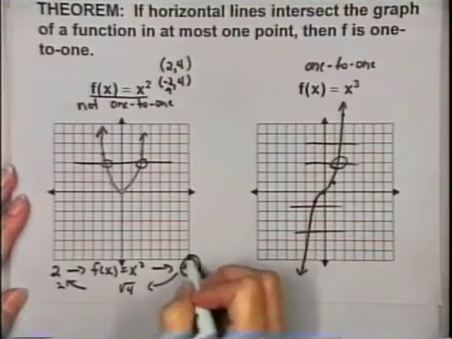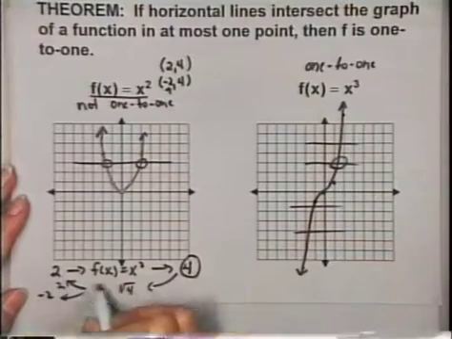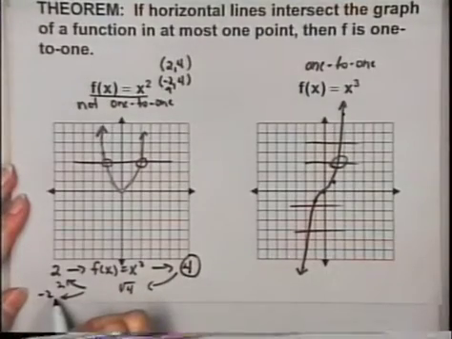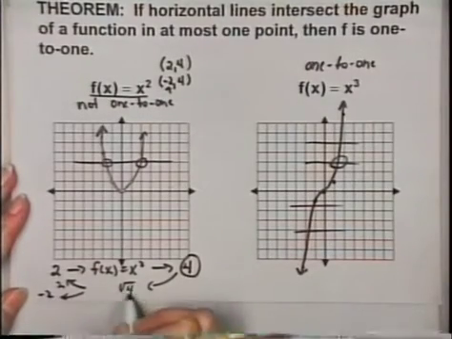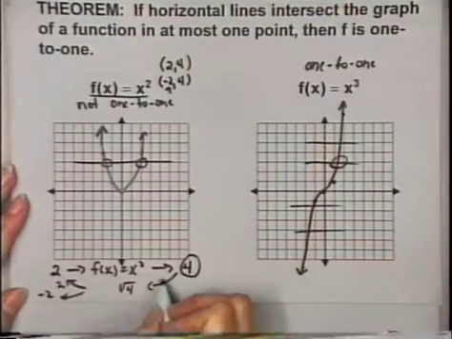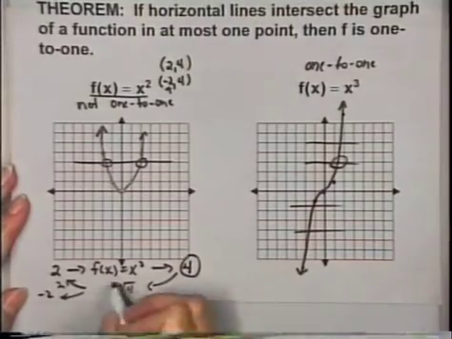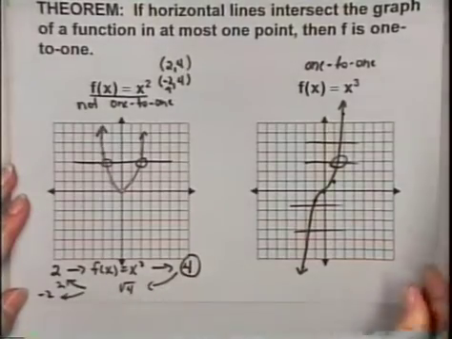You see, this 4 might come back to 2, or it might also come back to negative 2. If the 4 comes back to 2 different places, you're saying when you input 4 into this function, you get 2 different answers. That means this is not a function.